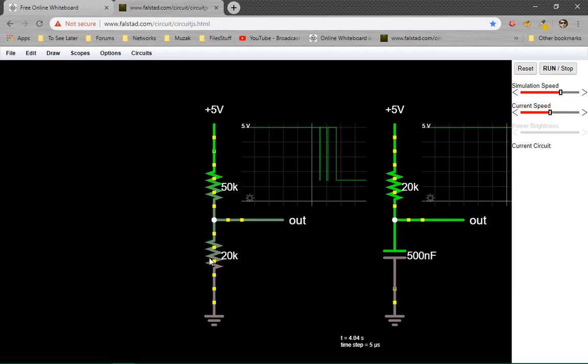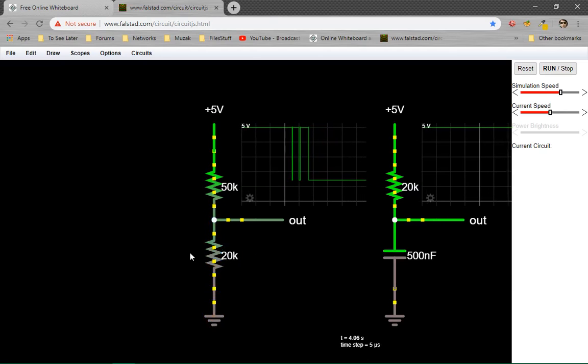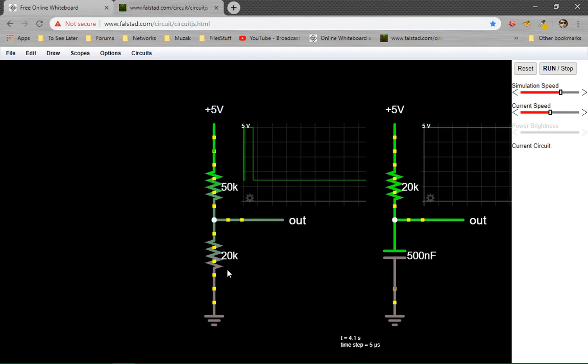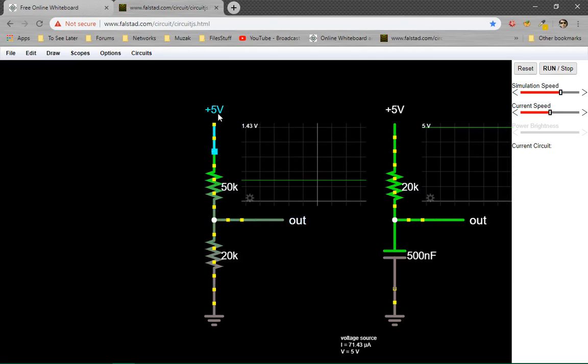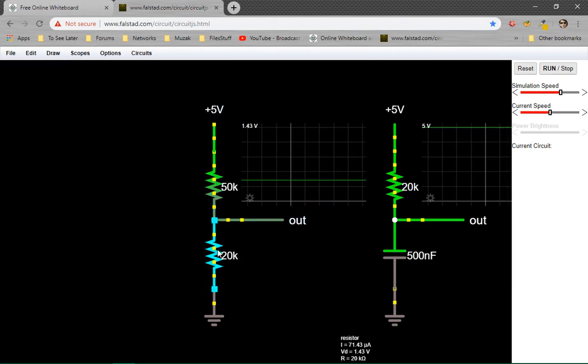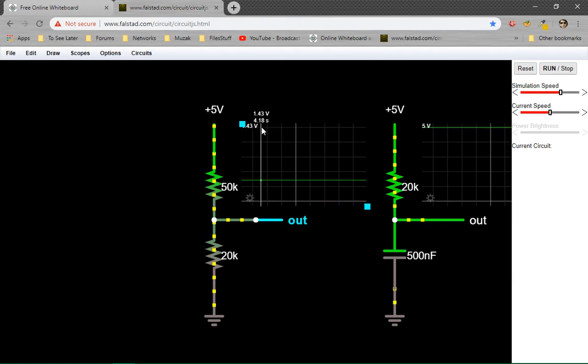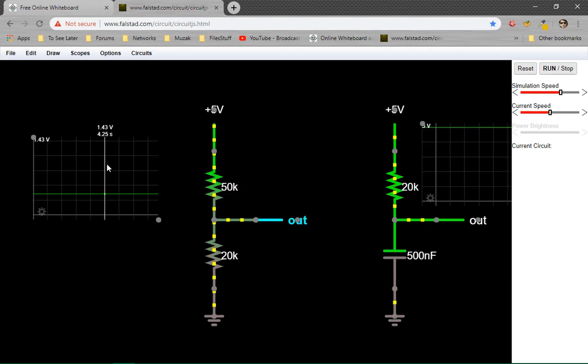What actually changes a resistor is a kind of network or arrangement we call a voltage divider. As you may understand why we call it that, it's dividing the voltage into two chunks, and this chunk here between this point and this point is 1.43 volts.